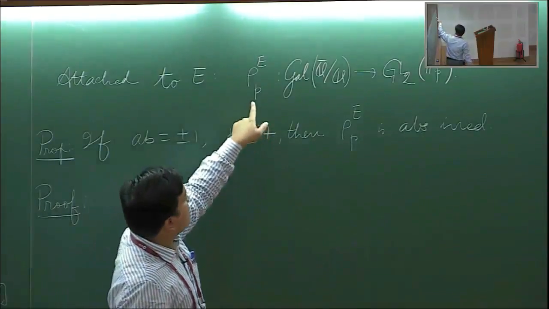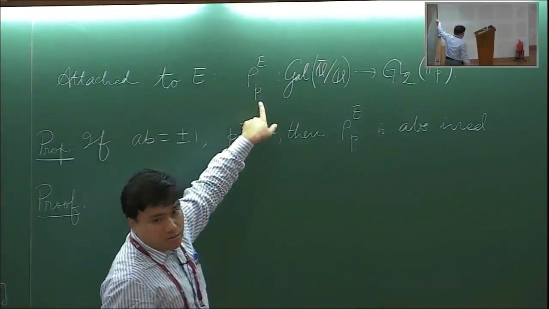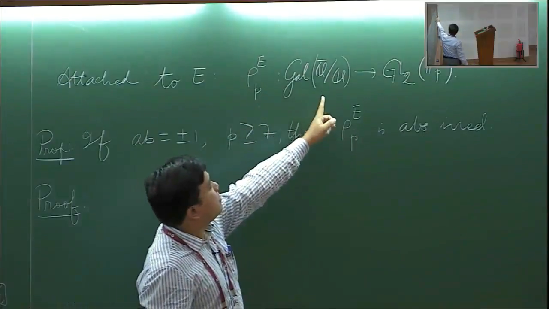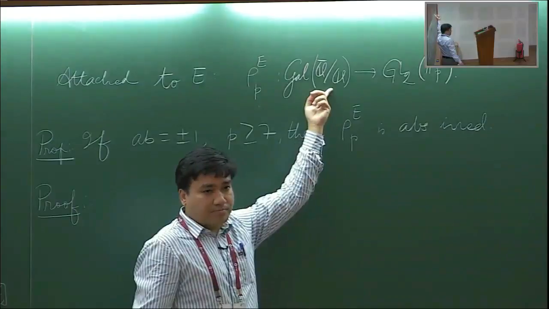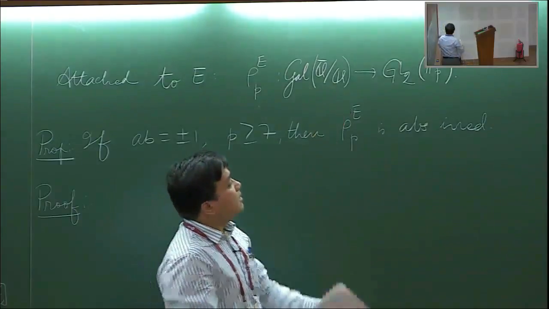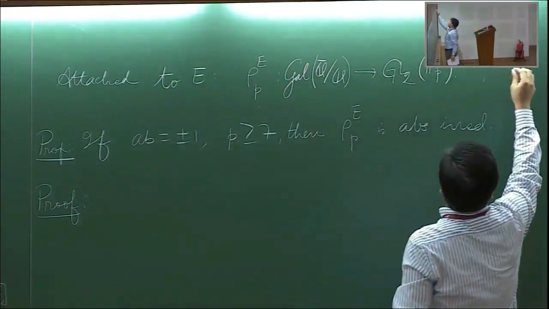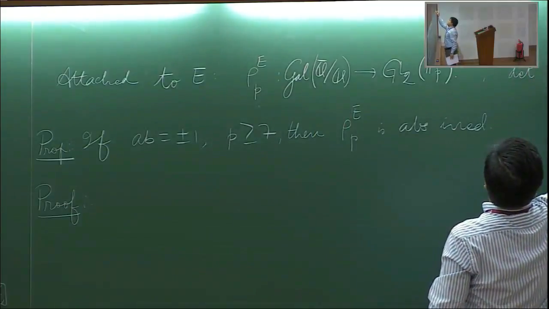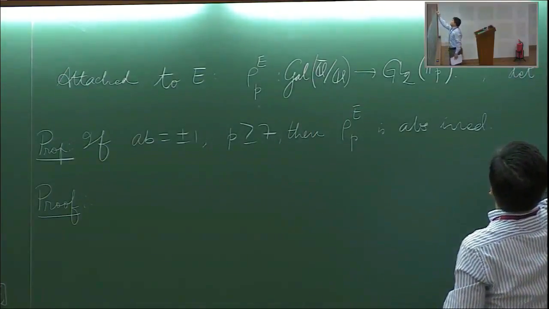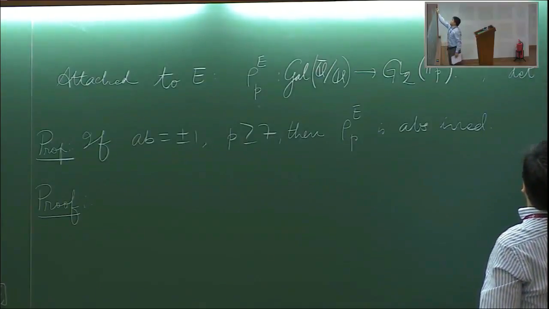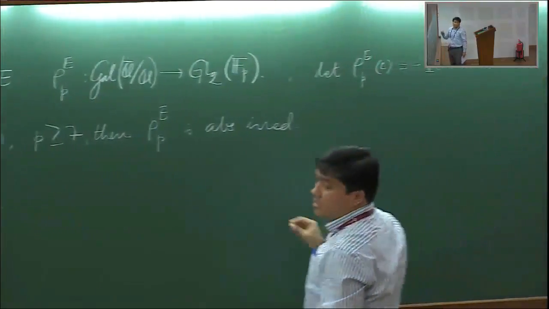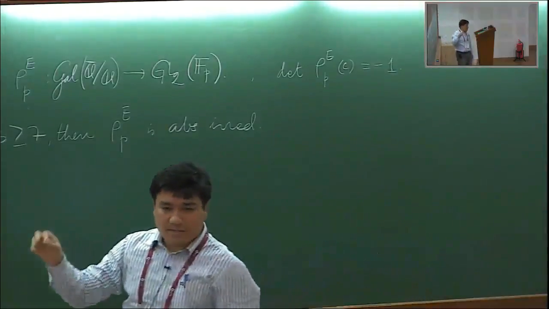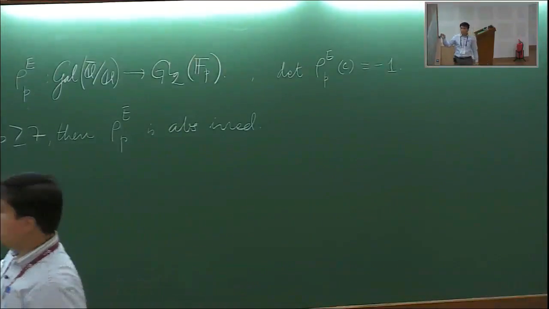Yeah, because this is what you call an odd representation, right? The complex conjugation is an element here, and I can look at rho_{E,P} and the determinant at complex conjugation, so this is equal to minus 1. So when you have such a thing, then irreducibility implies absolute irreducibility. Okay?